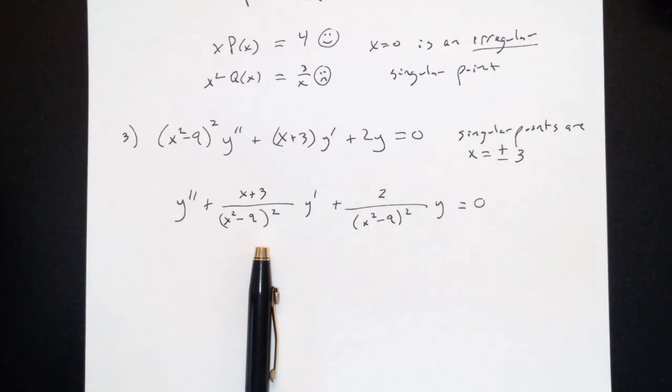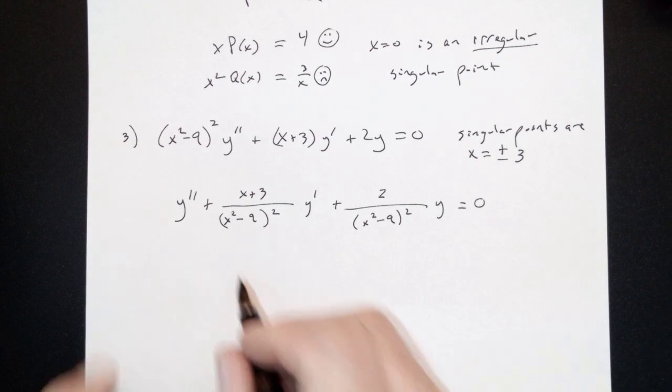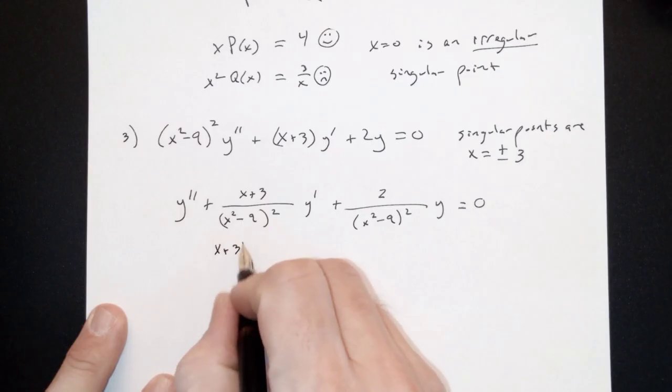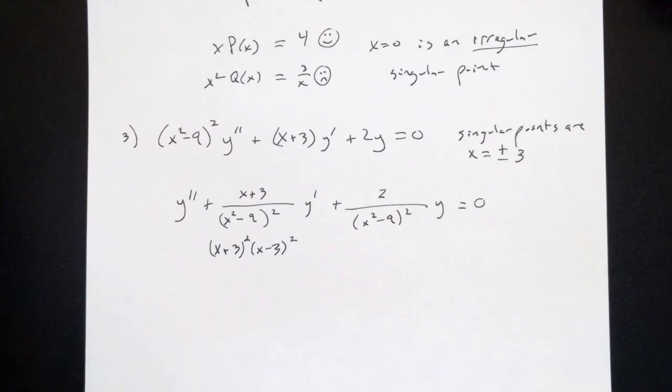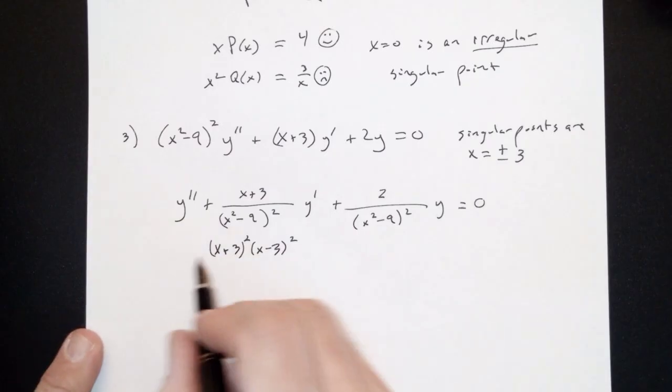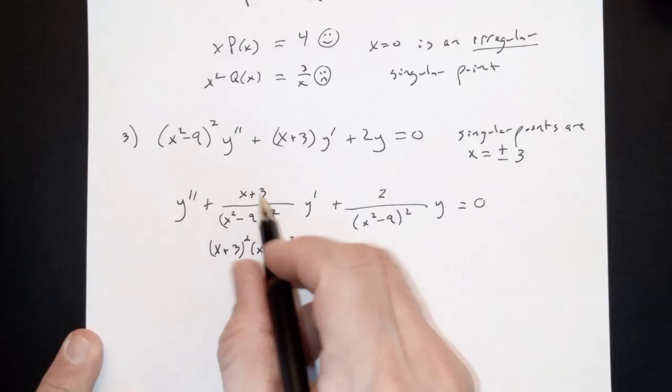Right, x plus 3 times x minus 3, the whole thing squared. I'm actually going to write it as x plus 3 squared, x minus 3 squared, right? Each piece is squared. Wait a minute. What happens here?